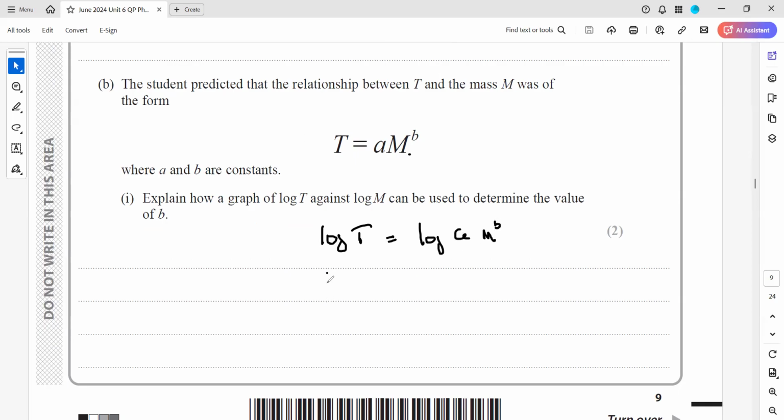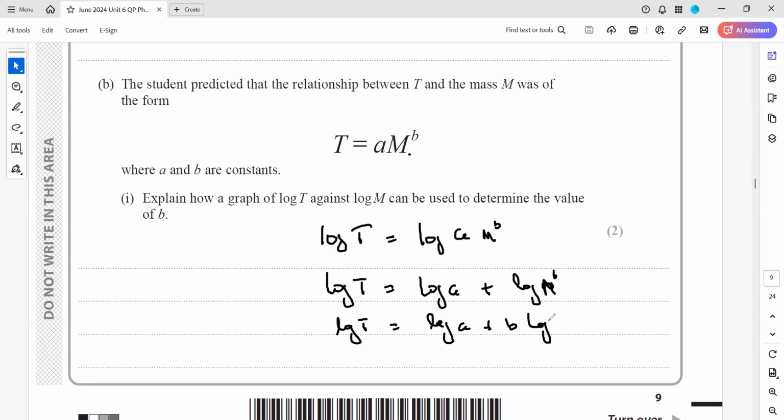In a log, when two quantities are multiplied, they will be added. So this will be log a plus log m^b, or log T = log a plus, since m is raised to a power, b log m.